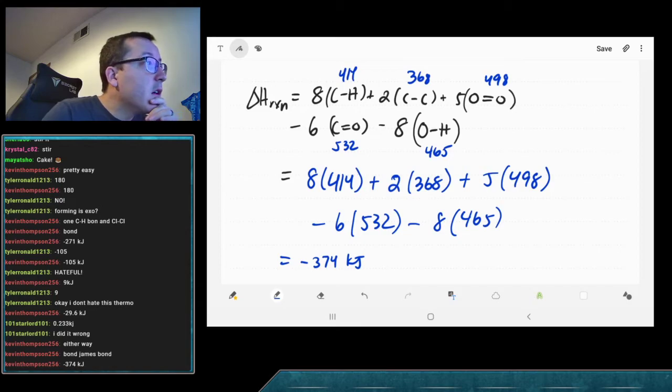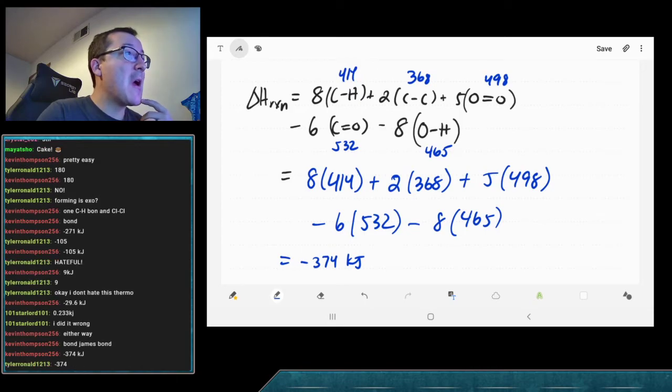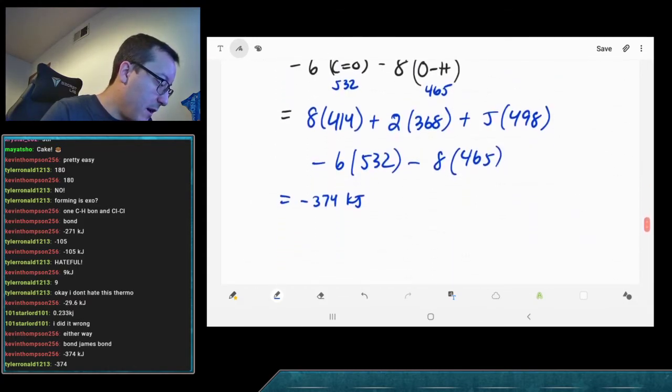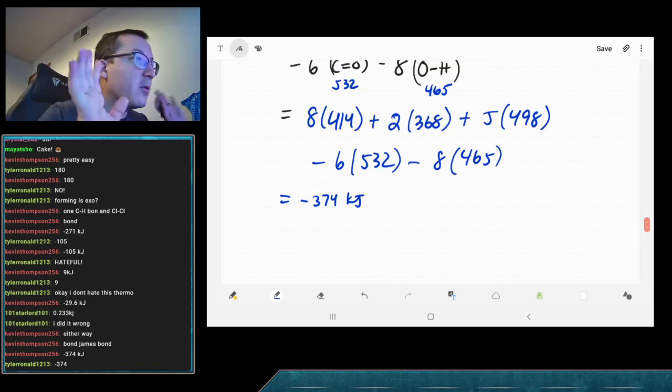Enthalpy of... this table doesn't even have... Ooh, I got it. Apparently this is quite a much bigger number, Kevin. Really, is it 374? This doesn't seem right. Did we balance it correctly? Well, whatever. Apparently we get 374, so we'll just leave it at that.